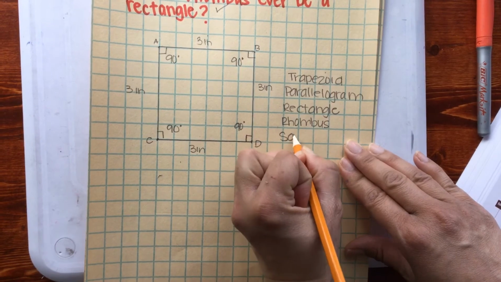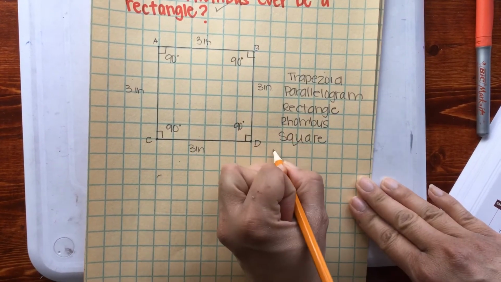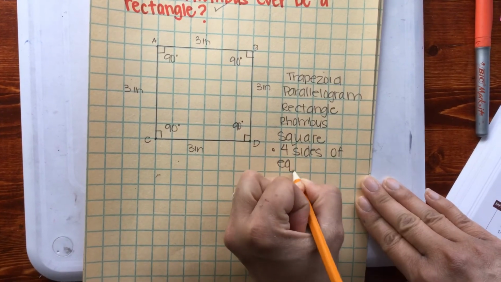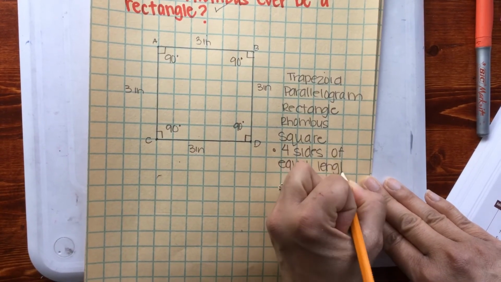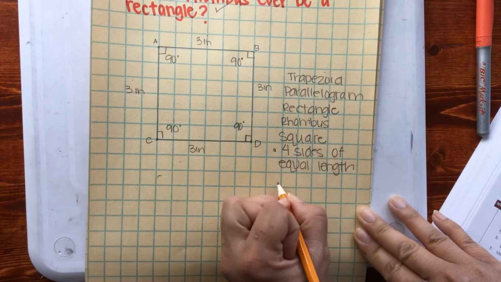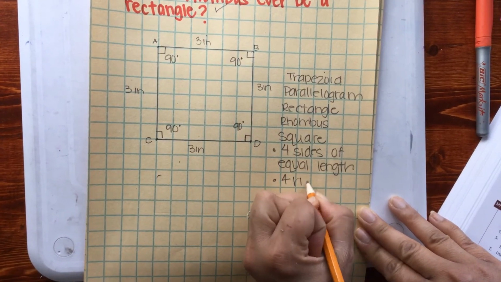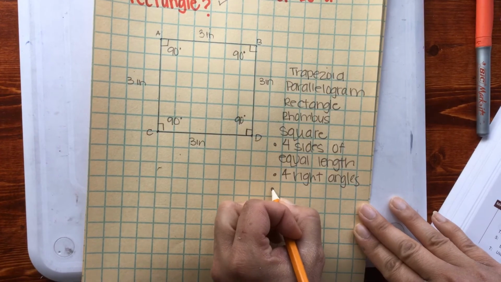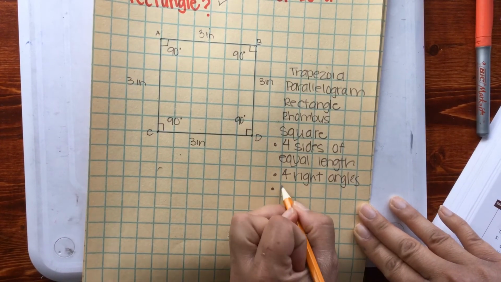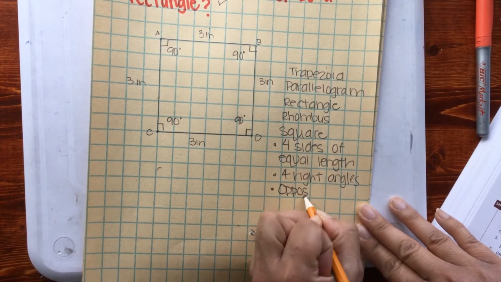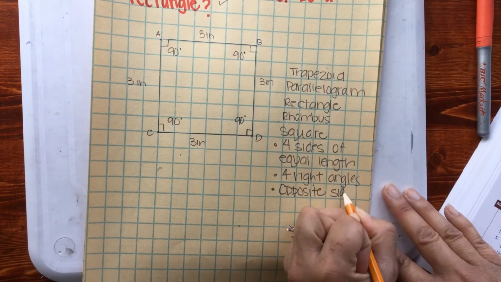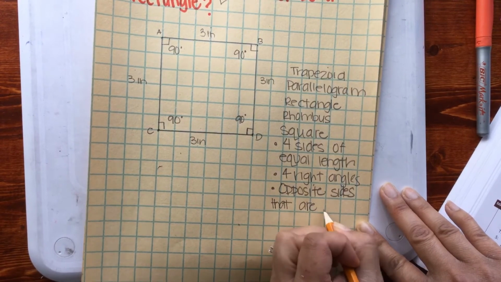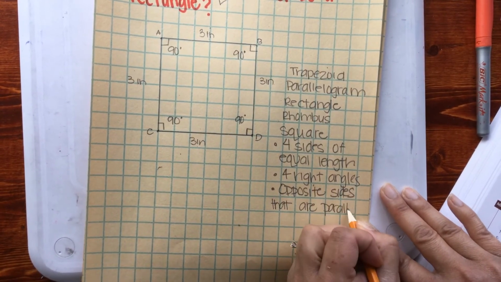So a square has 4 sides of equal length, 4 right angles, opposite sides that are parallel.